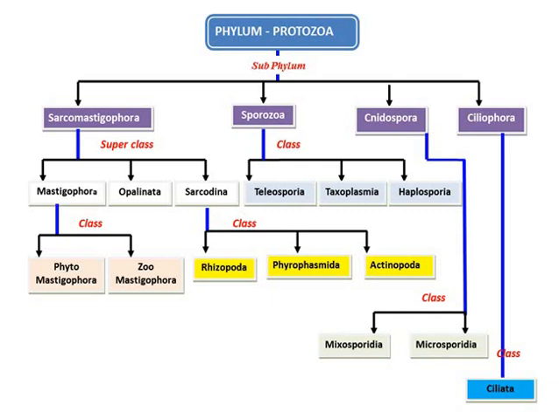The Sporozoa are divided into classes Telosporea, Toxoplasmea, Haplosporea. The superclass Sarcodina is divided into classes like Rhizopoda, Piroplasmea, Actinopoda.